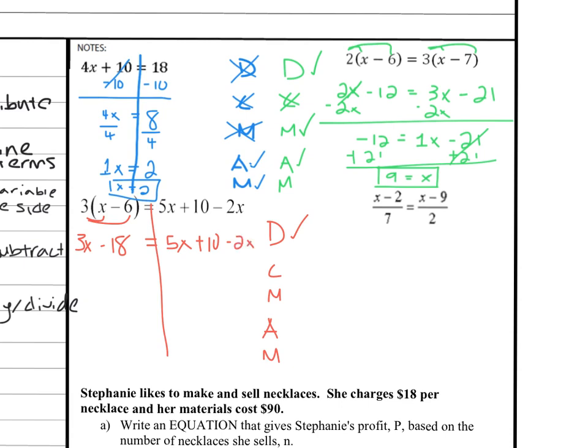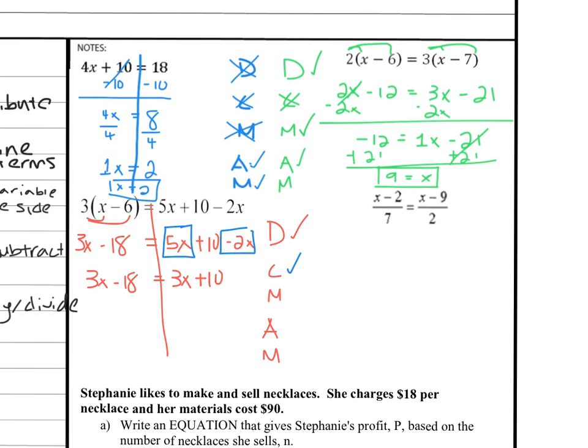My next step would be to combine like terms, which I have my 5x and my negative 2x. So when I combine those together, I would be left with 3x. Bring down my plus 10.